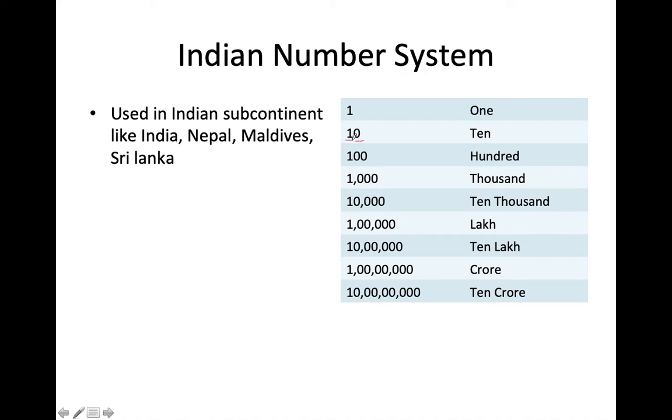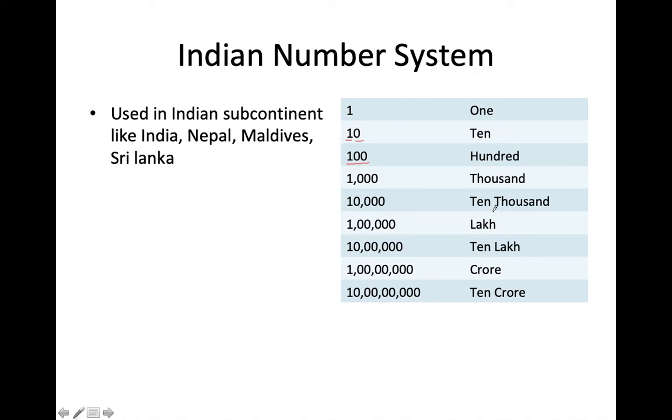And if there are three digits in a number, for example 100, the first digit is ones place, the second digit is tens place, and the third place is hundreds. If there are four digits, for example 1000, it's 1000. If there are five digits, for example 10,000, it's 10,000.